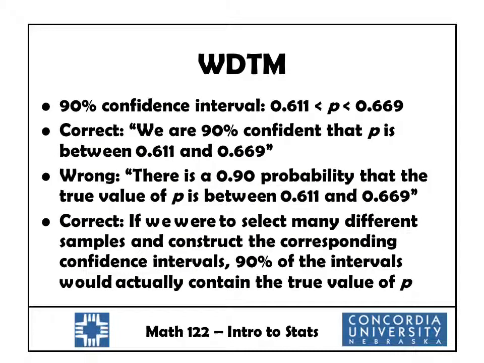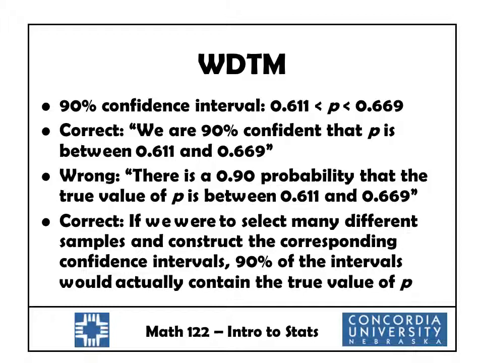Okay. Next is interpreting a confidence interval. So for instance, in one of our examples in the notes, we calculated a 90% confidence interval for p to be 0.611 up to 0.669. A correct interpretation of that would be to say we are 90% confident that p is between 0.611 and 0.669.